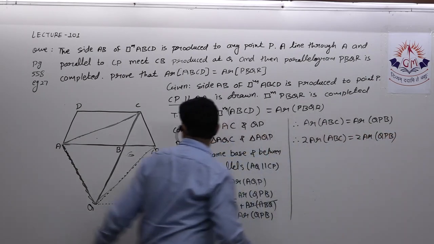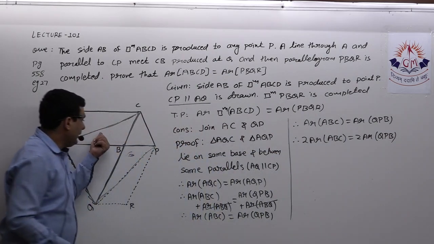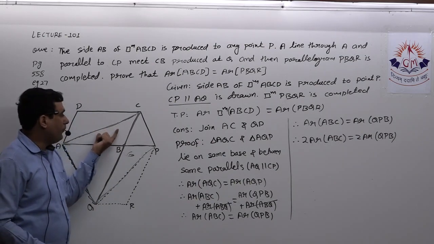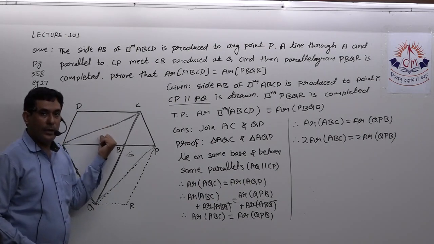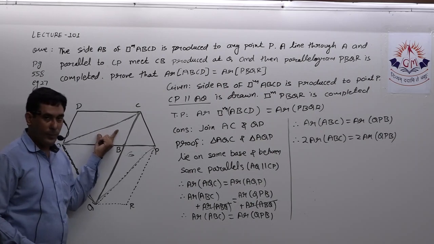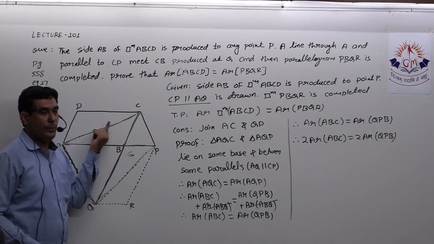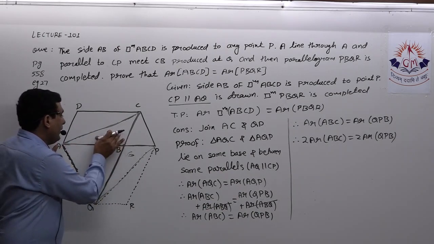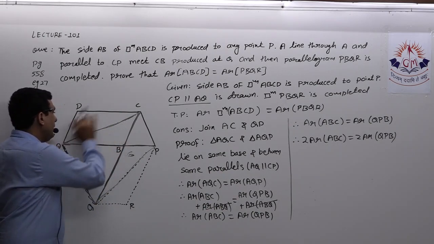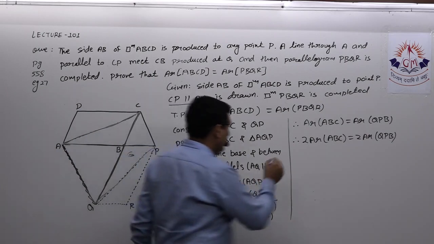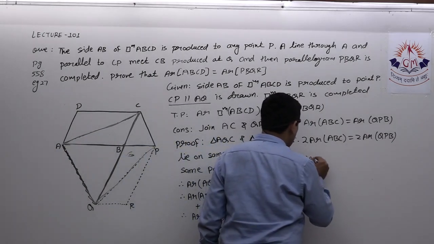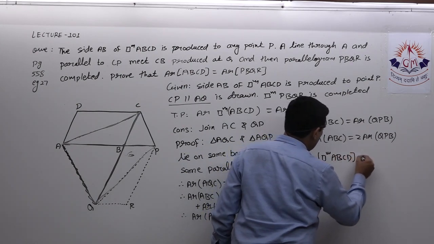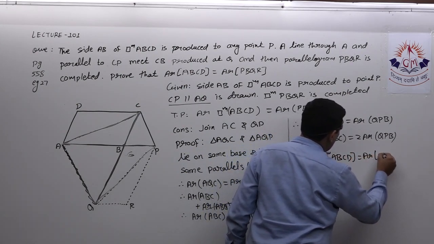Now see, ABC is a triangle which is formed by the diagonal of a parallelogram, and we know that diagonal of a parallelogram divides the parallelogram into two triangles of equal area. Hence twice area ABC is equal to area ABCD.